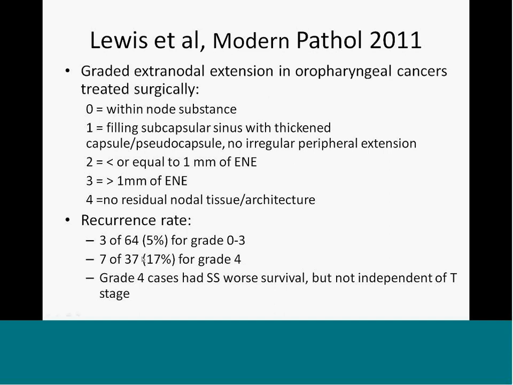And they found that the recurrence rate was much higher for the grade 4s versus the grade 0 to 3. So 3 of 64 recurred among the grade 0 to 3 group. The grade 4 group did have a statistically significant worse survival, but it wasn't independent of the T stage, so the relevance is still a little bit unclear.